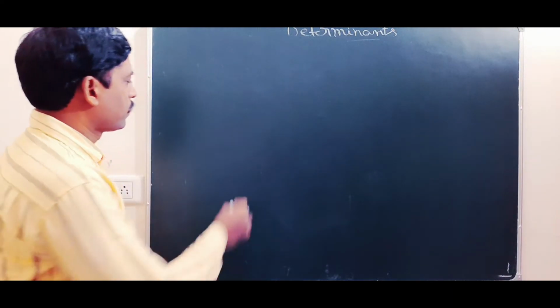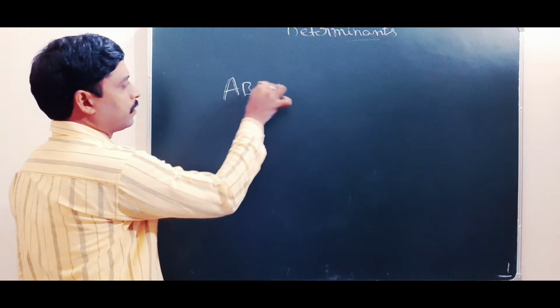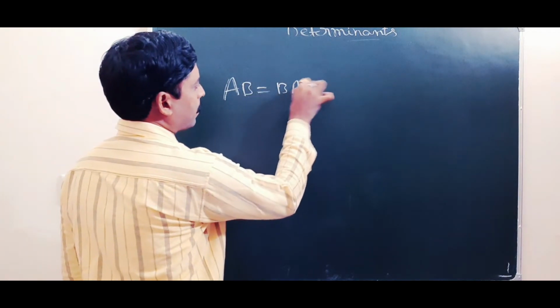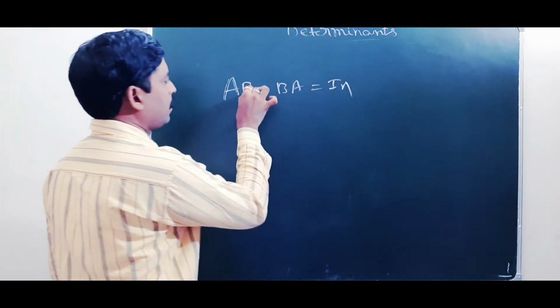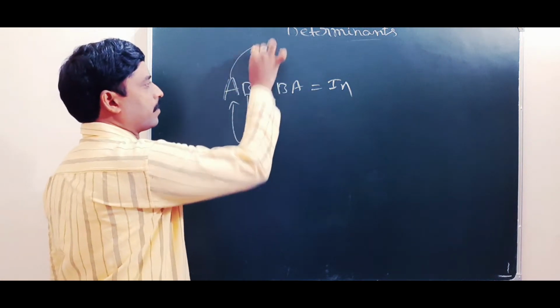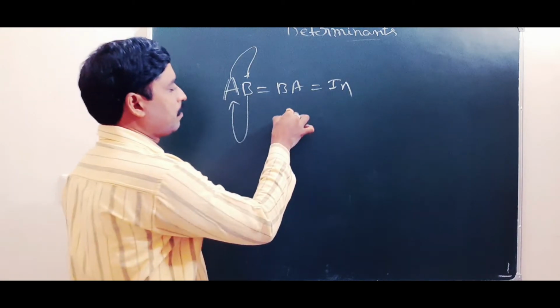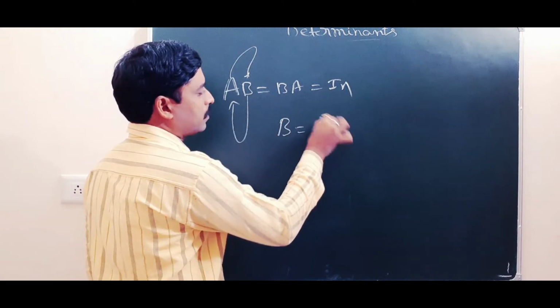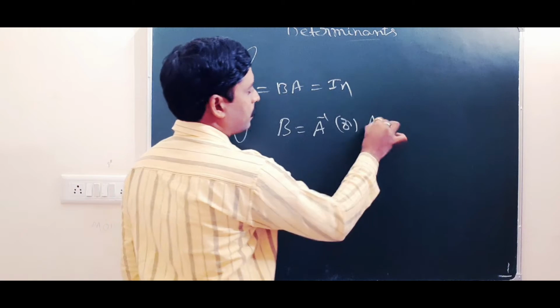Okay, so what is the inverse of a matrix? If AB = BA = I_n, then B is called the inverse of A, or A is called the inverse of B. It is denoted by B = A inverse, or A = B inverse.